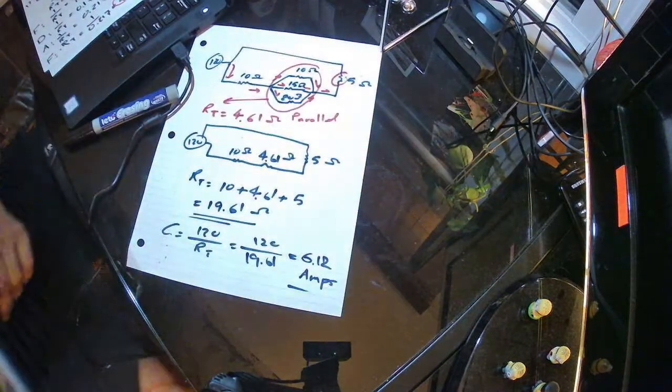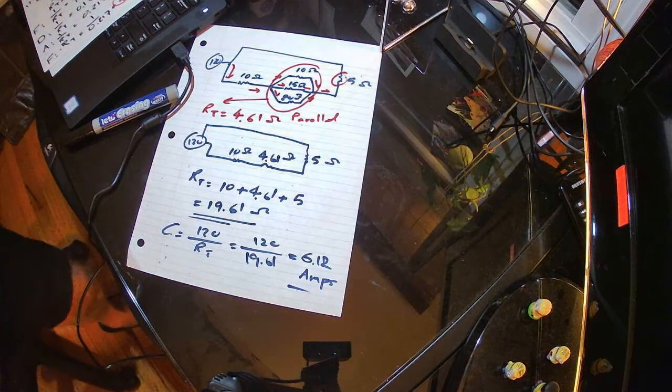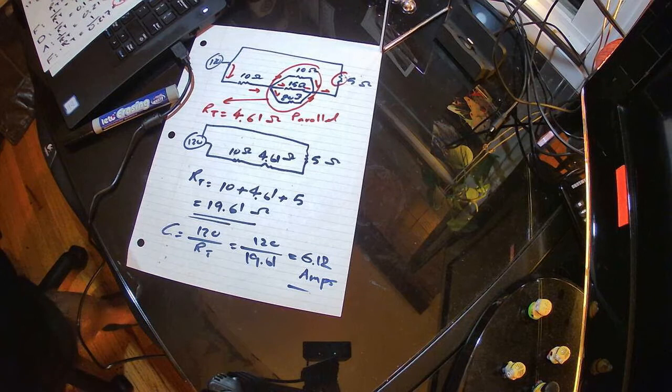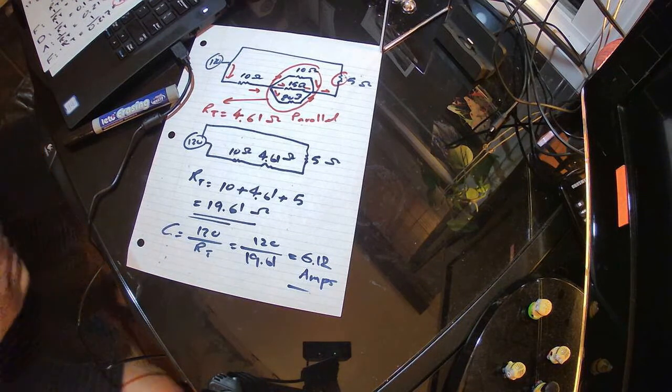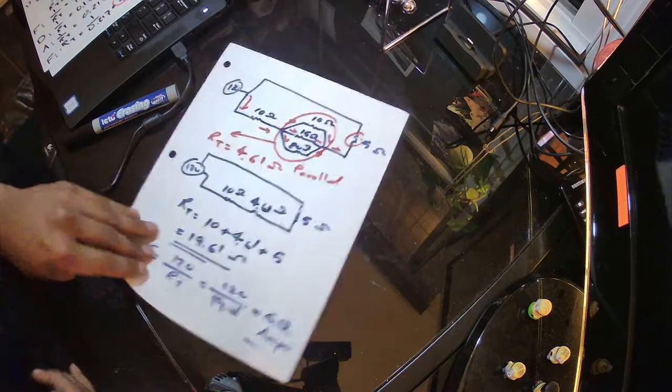Okay, I'll give you a second to look at it. Okay, hopefully this makes sense a little bit. I will do another example of a combination circuit just to make things a little bit clearer.